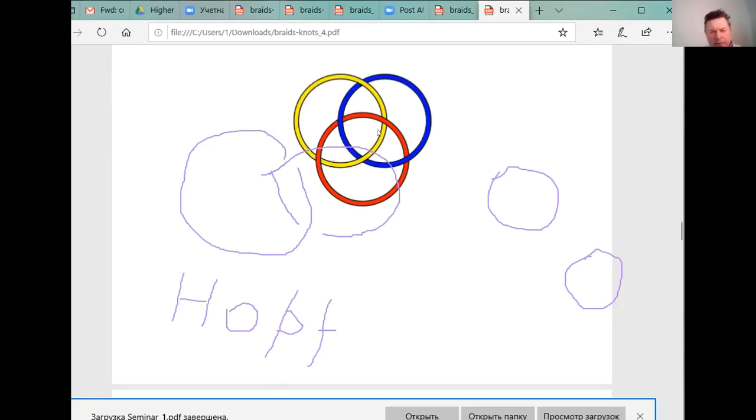The basic property of Borromean rings is the following: if you just look at a couple of them, for example yellow and blue, you see that they are unlinked.